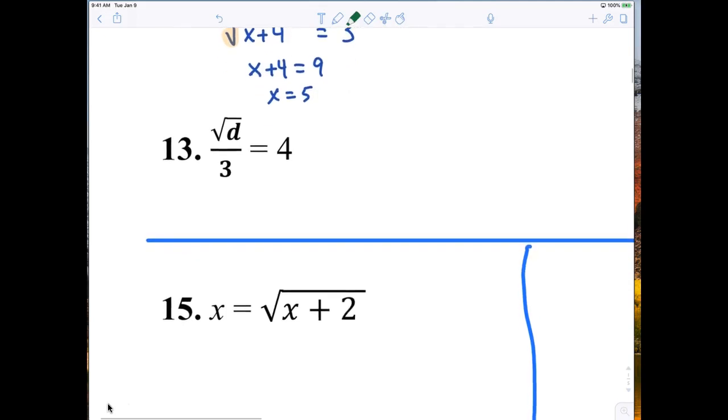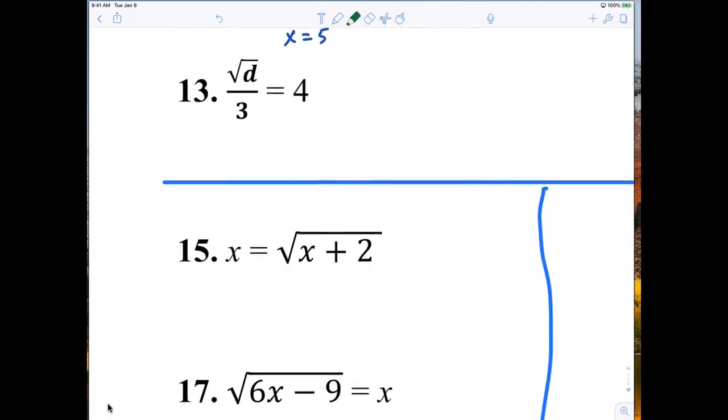All right, now on number 13, what do I have to do? Isolate the d by doing what? By multiplying by 3, right? So I have here square root of d equals what? 12. And now what do I do to both sides?